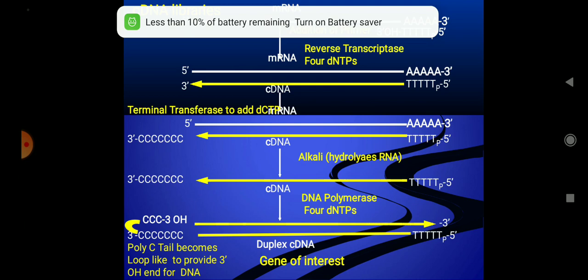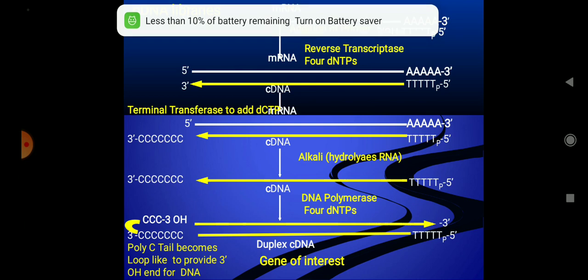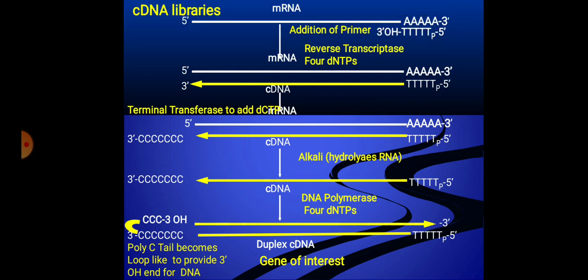cDNA now becomes double-stranded. The poly C tail is removed, and this duplex of cDNA is a gene without introns, an intron-free gene.